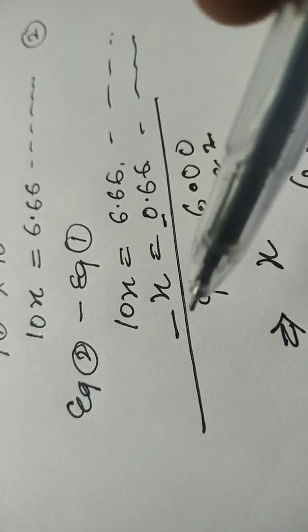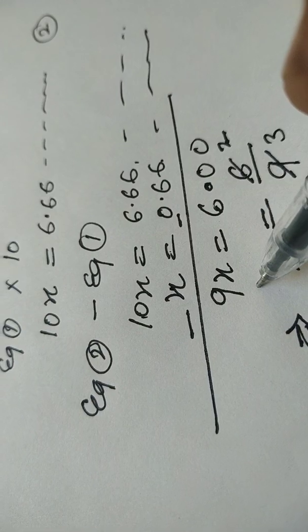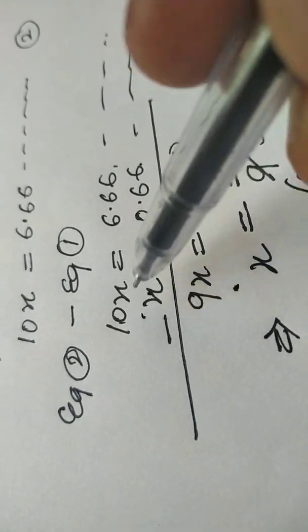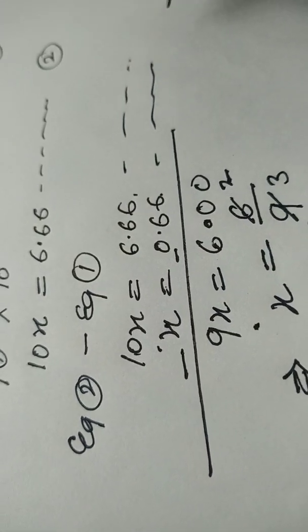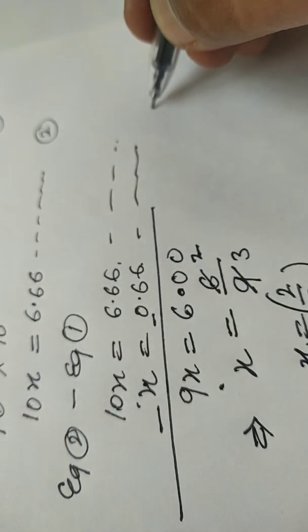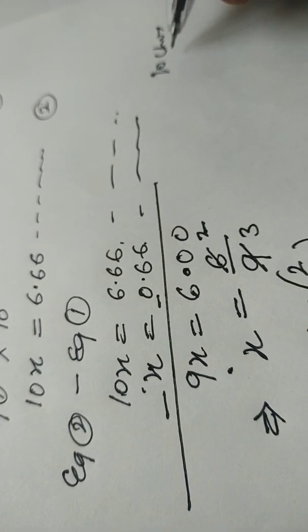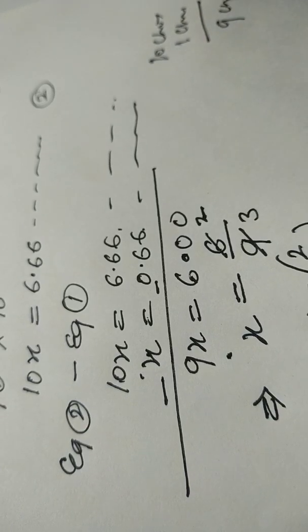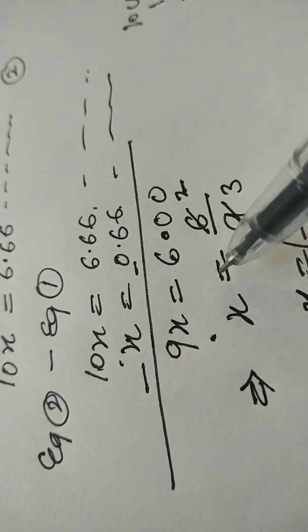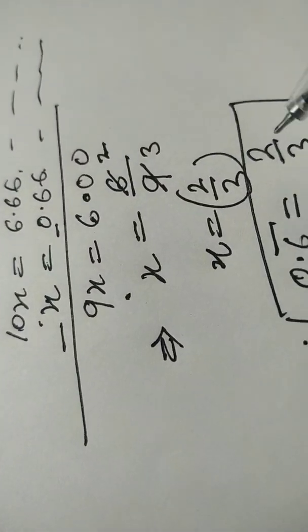And 10x minus x is equal to 9x. If a lot of students face problems, 10x and x are both like terms. Just like if you have 10 chocolates and you eat 1 chocolate, then we have 9 chocolates remaining. So 9x is equal to 6, and x is equal to 6 divided by 9, which is equivalent to 2 upon 3.